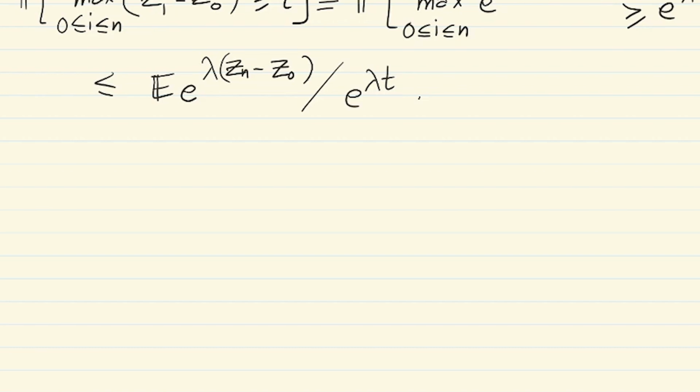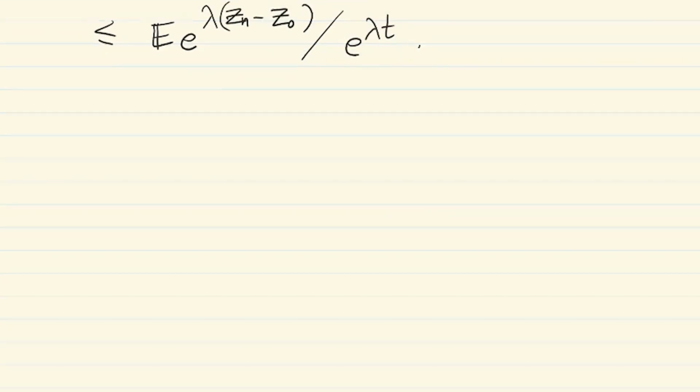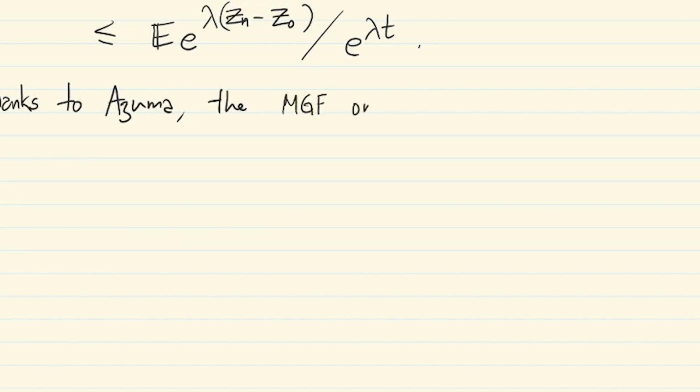Now we have just reduced this supremum, this max over i equal to 1 to n, to a single Zn minus Z0, whose moment generating function we can already control thanks to Azuma's inequality. So thanks to Azuma, the moment generating function on the right hand side is bounded.